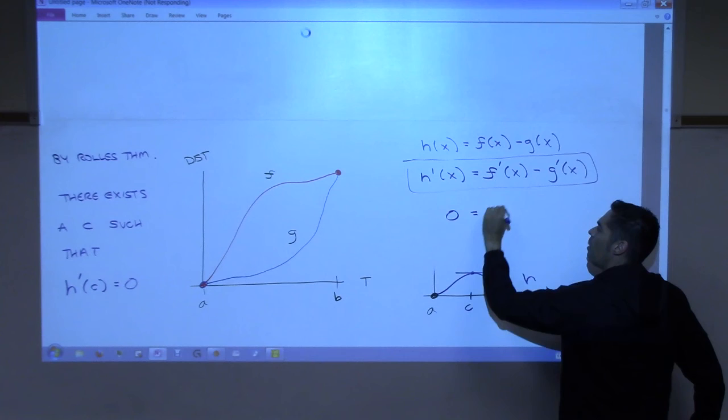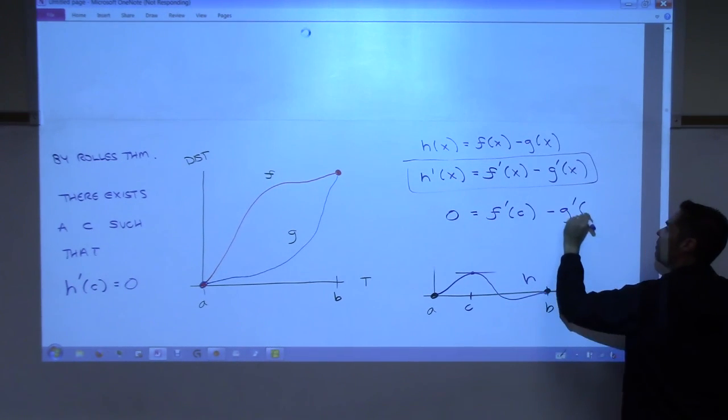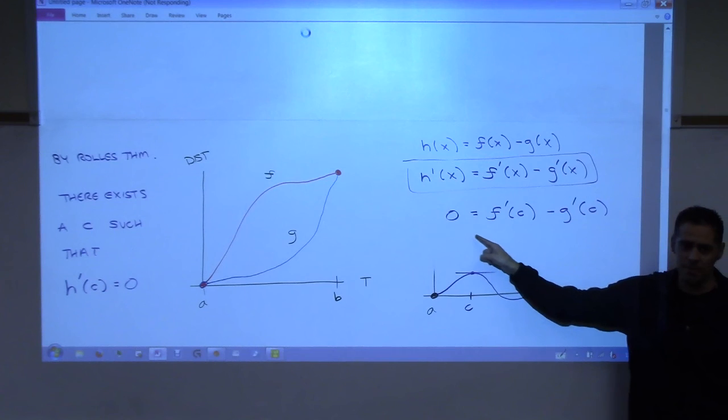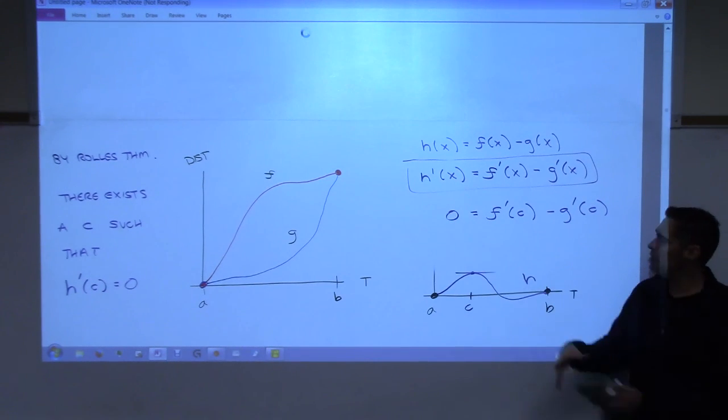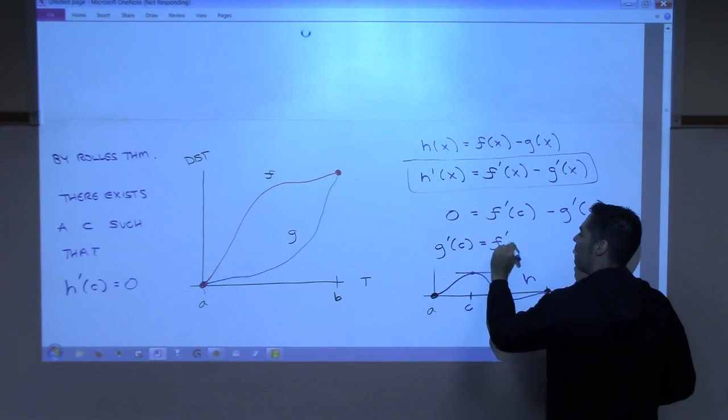And then f prime of c, you don't know what that is, minus g prime of c. And you don't know what that is, do you? So they're equal to each other. Ah, but that means if I add the g prime to this side, I have g prime of c equals f prime of c.